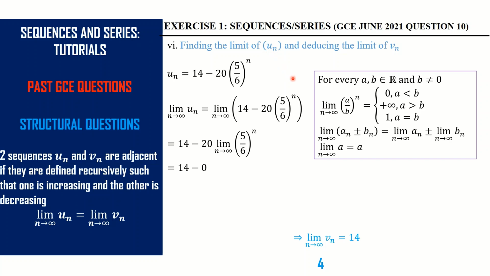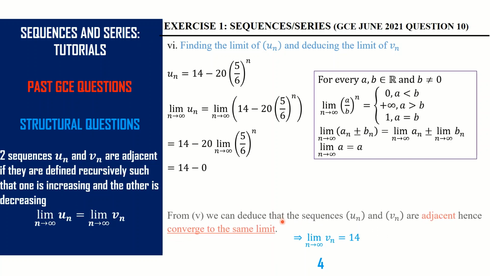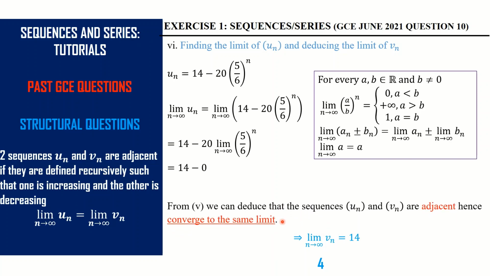So they are adjacent sequences because originally Un was defined in function of Vn, and Vn was defined in function of Un. So automatically we can conclude that the limit of Vn is also 14, since Un and Vn are adjacent sequences. That is why they use the term deduce. If you go ahead finding, you're out of track.